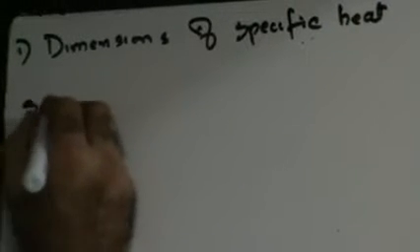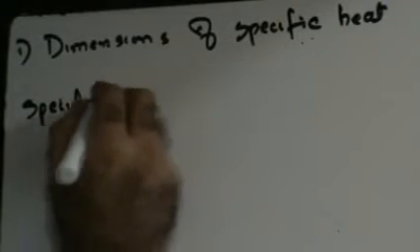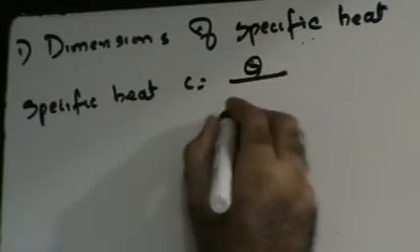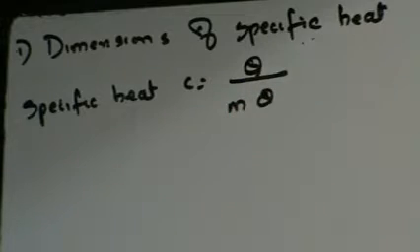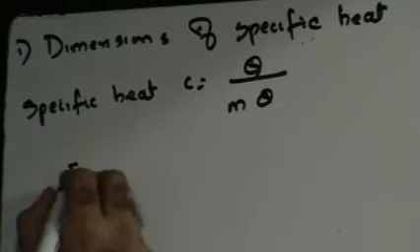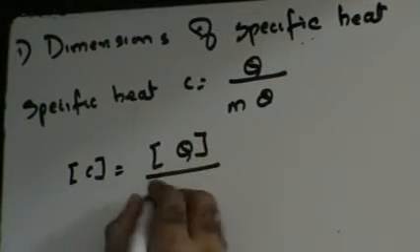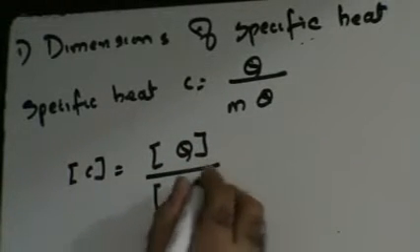Now, specific heat we said is nothing but C is equal to heat upon m theta. Therefore, dimensions of specific heat will be dimensions of heat upon dimensions of m theta.